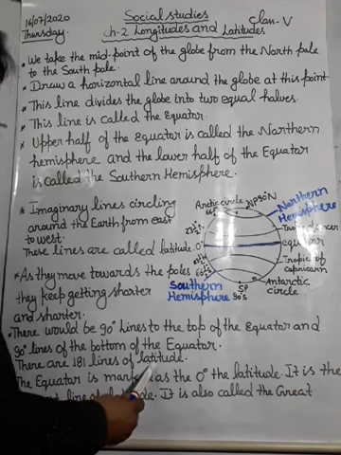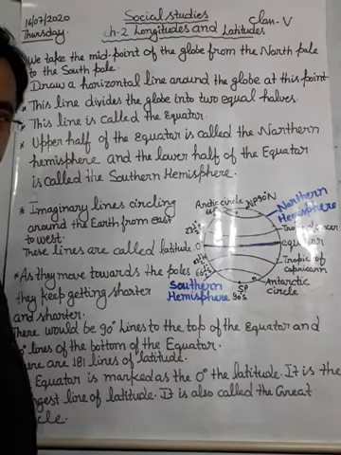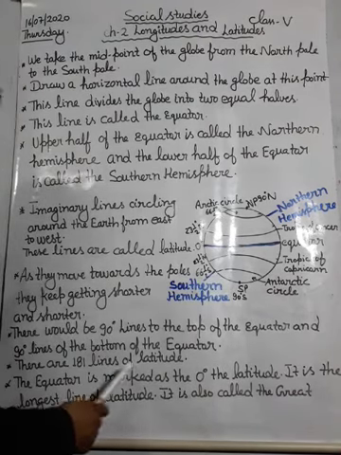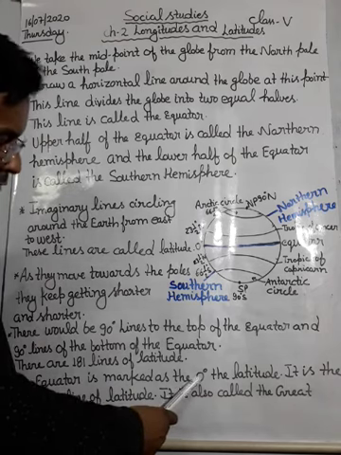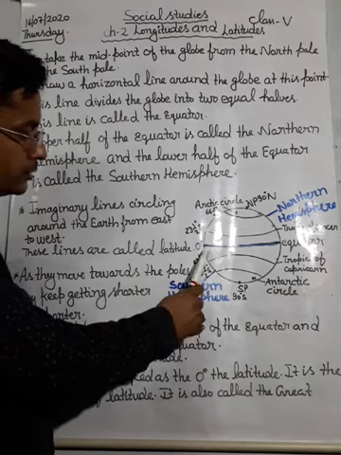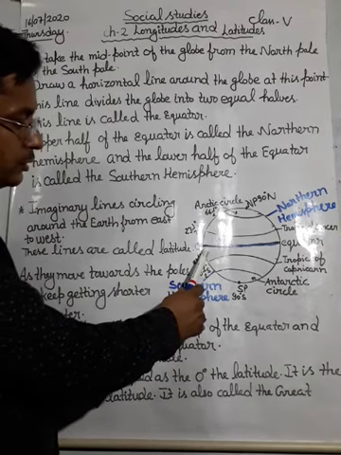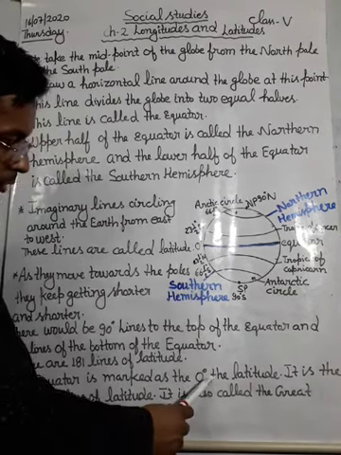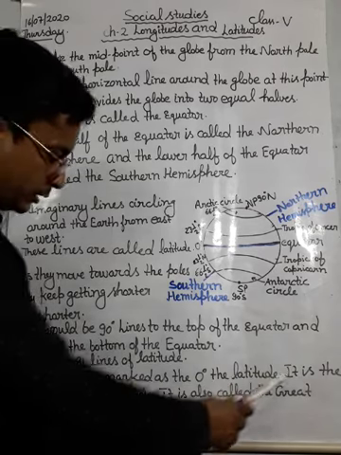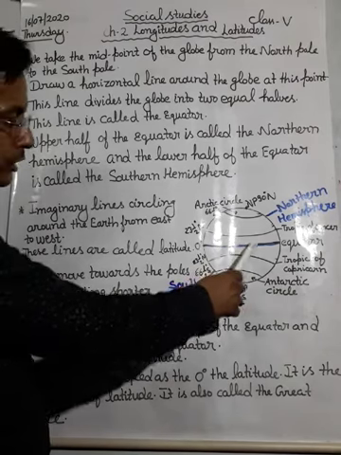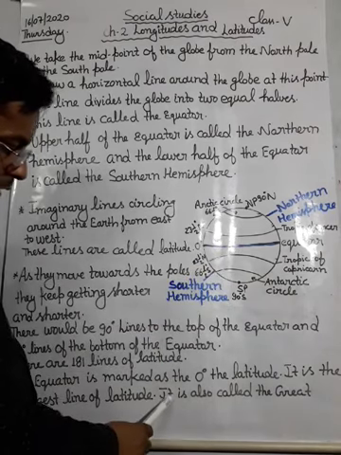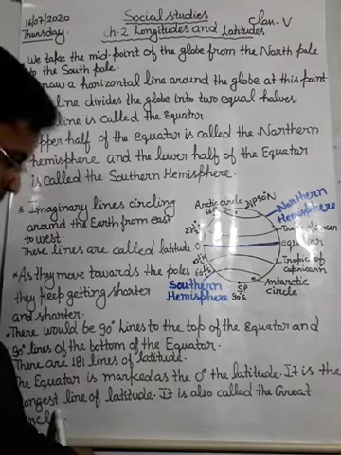Lines of latitude are there, and the equator is marked as 0 degree. Dear student, you can see here the equator is marked as 0 degree. It is the longest line of latitude. It is also called the great circle.